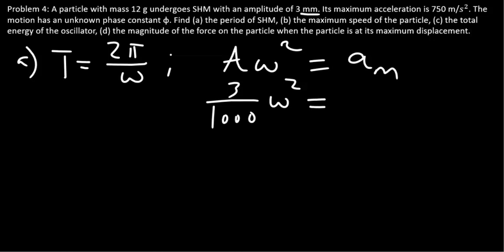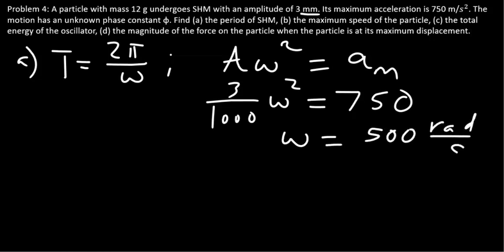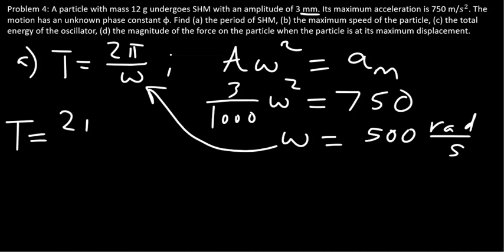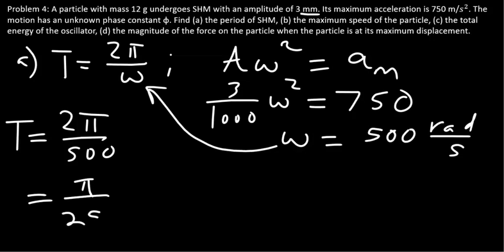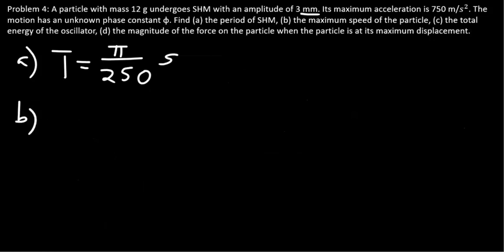The maximum acceleration is 750 meter per second squared. You can get omega, which will be 500 radian per second. Substituting omega in this equation, we can get the period. The period will turn out to be 2 pi over 500, or quite simply pi over 250 seconds.